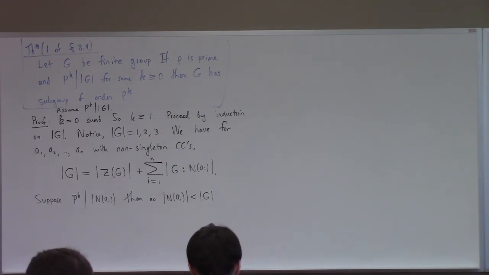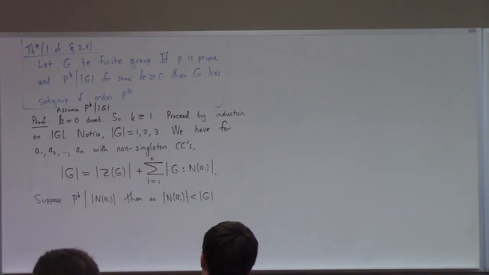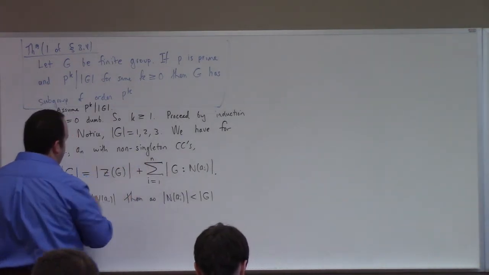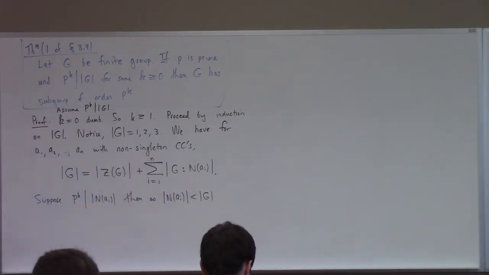Yeah, there'd just be one conjugacy class. Everything would be in the center, and N of a i would be the center of G. But we're assuming that a1 through an are non-singleton conjugacy classes. I guess if there are no non-singleton conjugacy classes, then this piece is gone, and we have G equal to its center. Is there a different argument we can give in that special case?